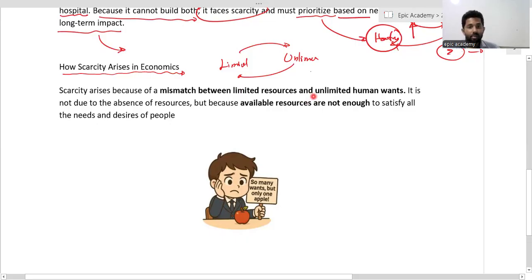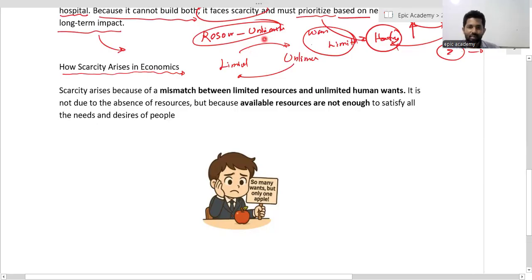So now you can understand, if resources are unlimited and human wants are limited, then what happens? You can imagine that. Just consider resources are unlimited and wants are limited.